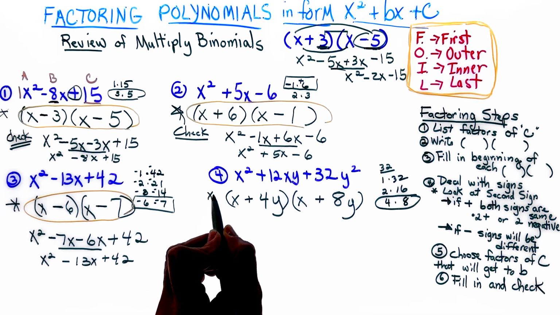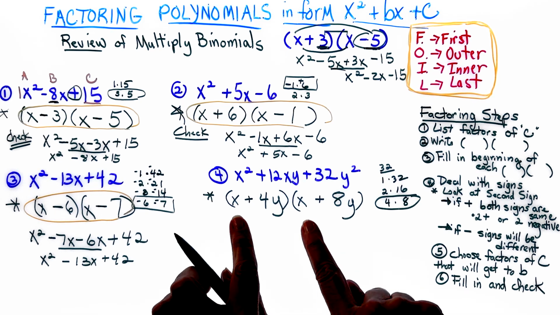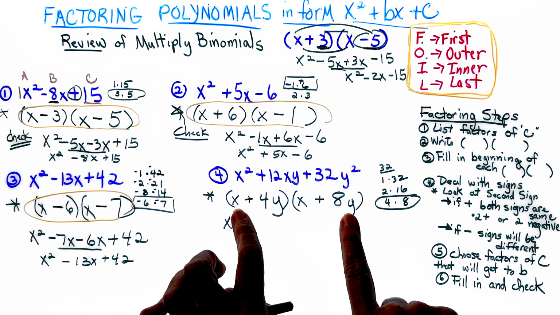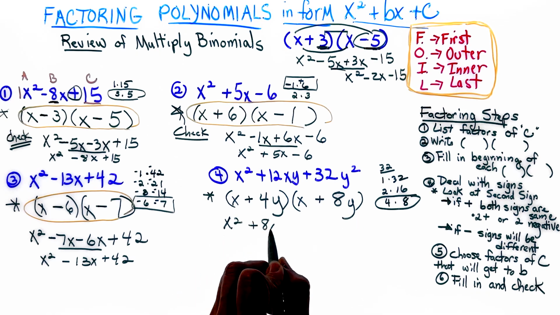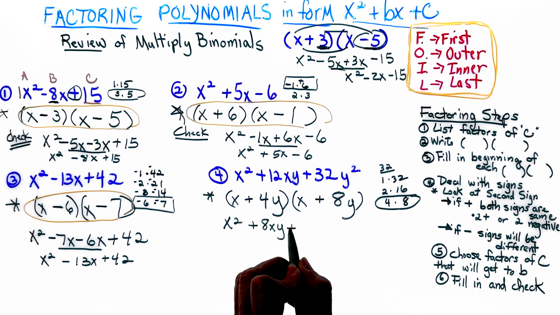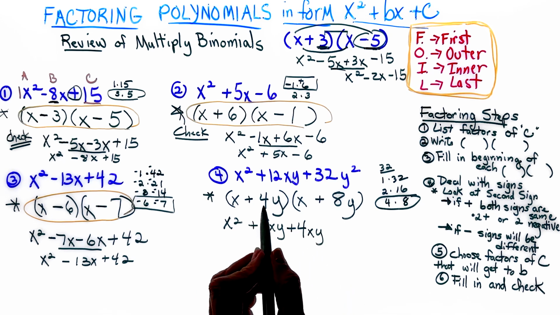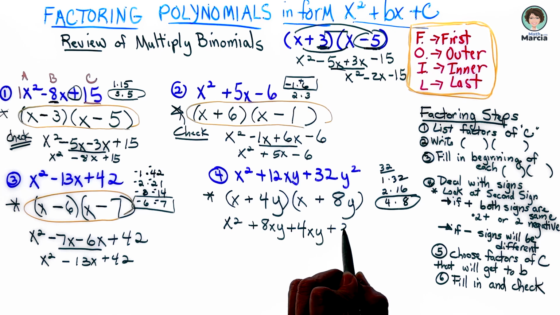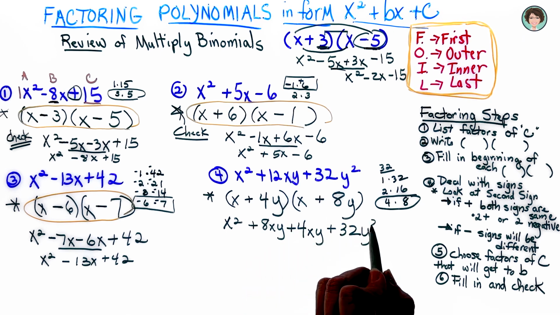And I believe this is the answer, but let's check it. When we FOIL the outside, we get x squared. We multiply our outer terms, we get plus 8xy. The inner terms is plus 4xy. And in the end, 4 times 8 is plus 32, and y times y is y squared.